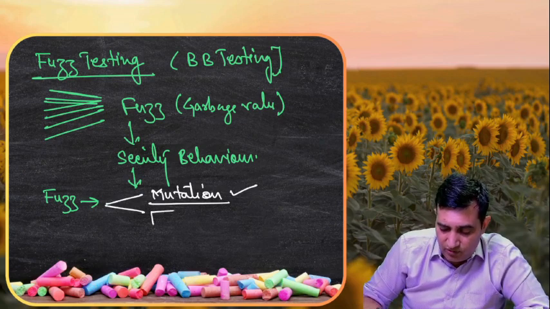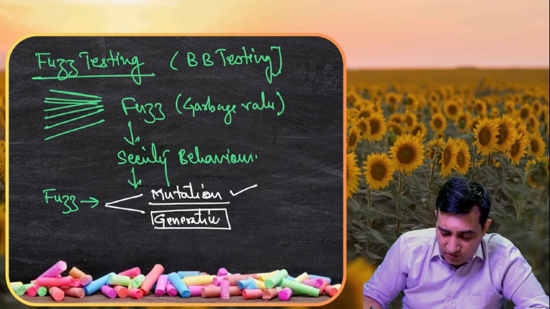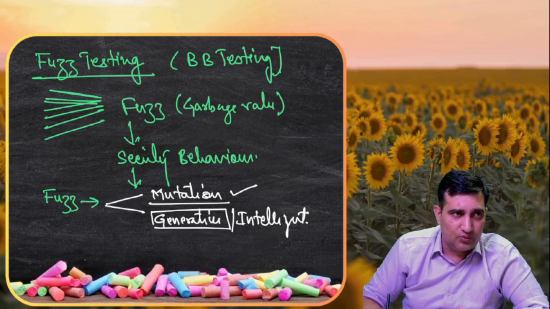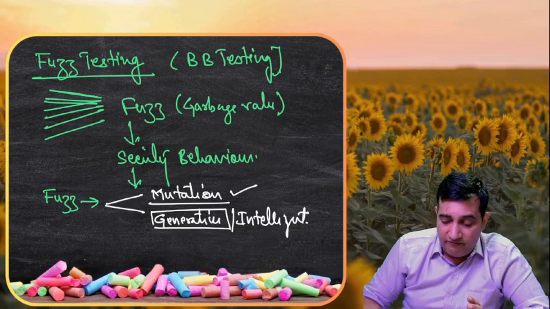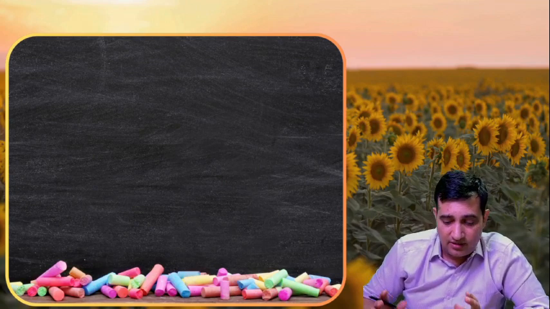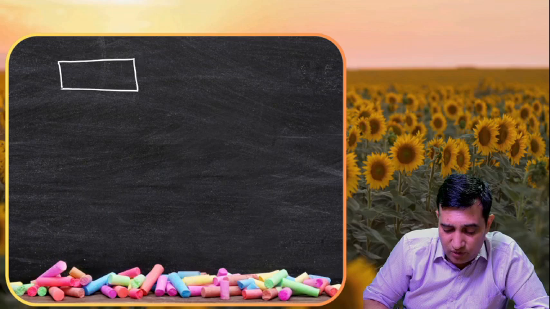Sometimes we also have tools which can generate fuzz, so that is called generative fuzz, or you can also call it intelligent fuzz. Okay, so these are the kinds of things which we are testing. Whenever we are testing a particular application, we test it strongly for any kind of input validation.